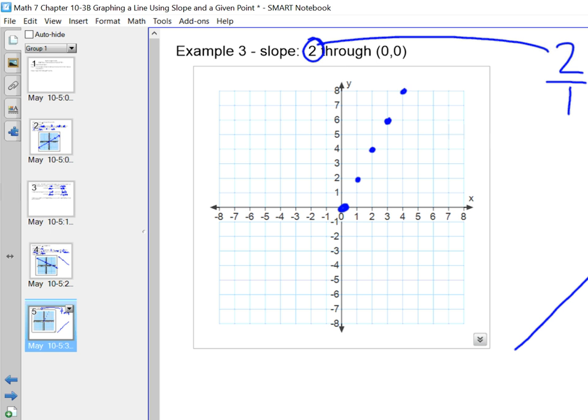Or I can go down 2 and left 1, down 2 and left 1, down 2 and left 1, down 2 and left 1. And at this point, I use my ruler. You use your ruler, and you can connect the points. And I have used my slope at a given point in order to graph a line.